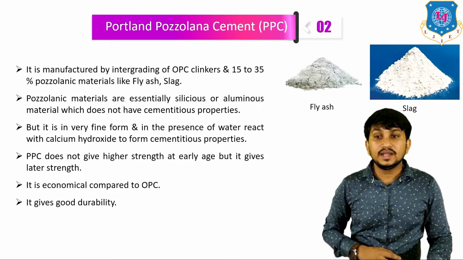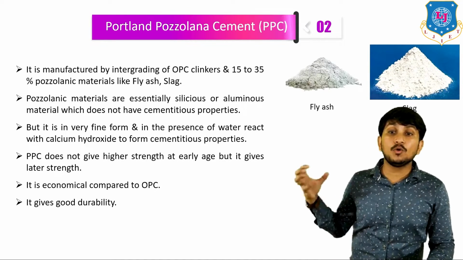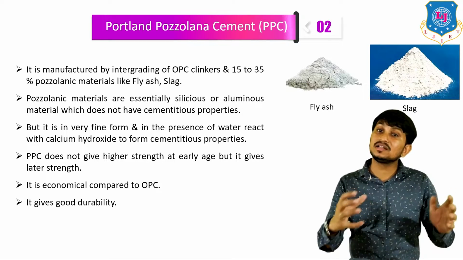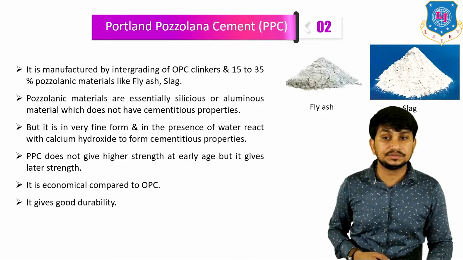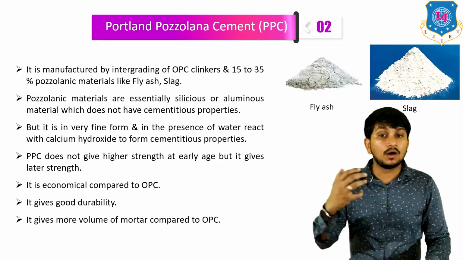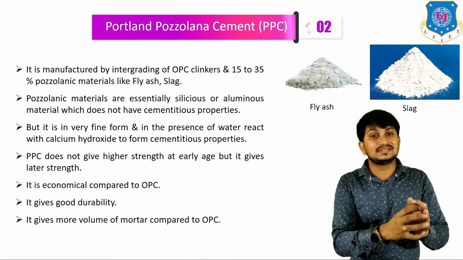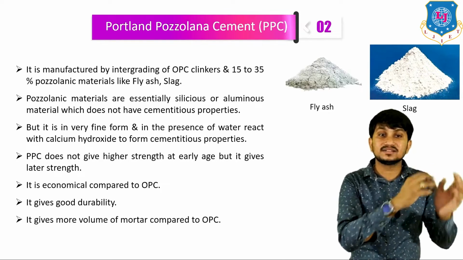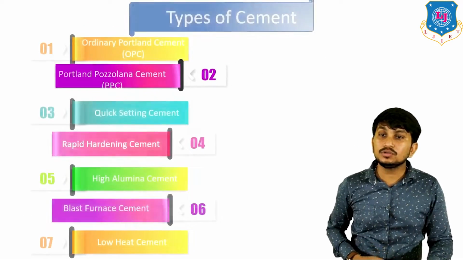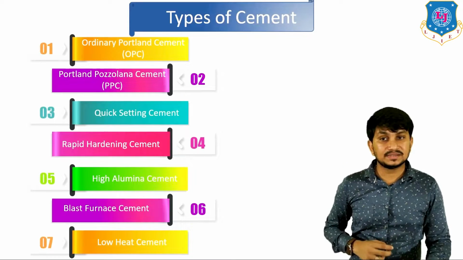It gives good durability compared to OPC, so it is very long lasting compared to ordinary Portland cement. It gives more volume of mortar compared to OPC because of the lesser size of particles of fly ash and slag. That's all about Portland pozzolana cement, PPC.